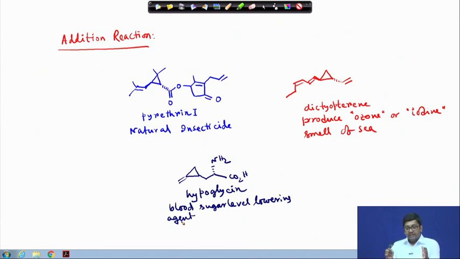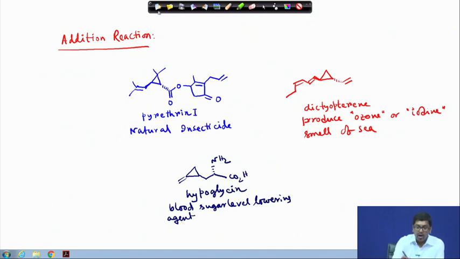Fine. So, these examples show how important the cyclopropane ring is, because not only these three examples, there are numerous examples available where we can find that these bioactive organic molecules contain a cyclopropane ring. Fine.